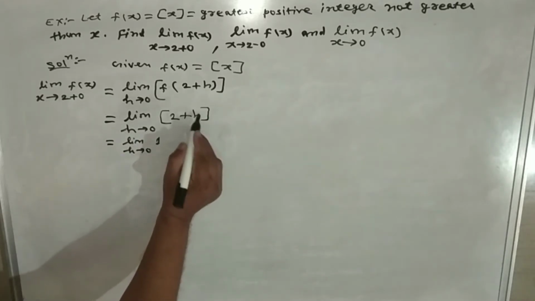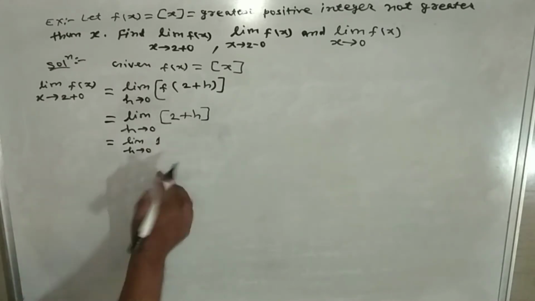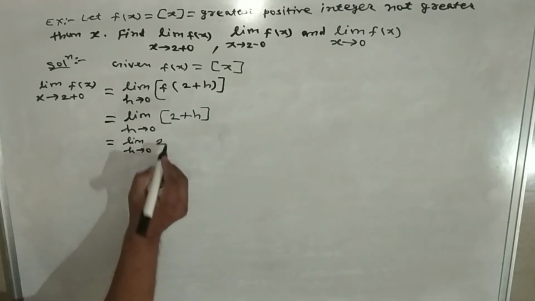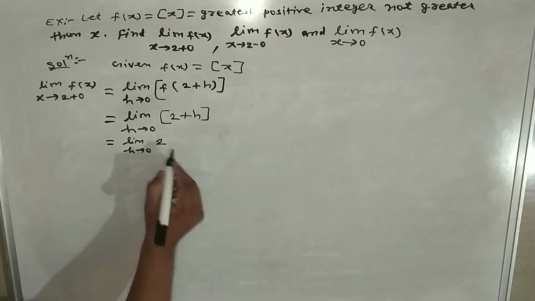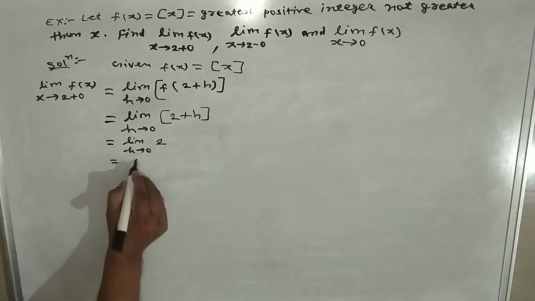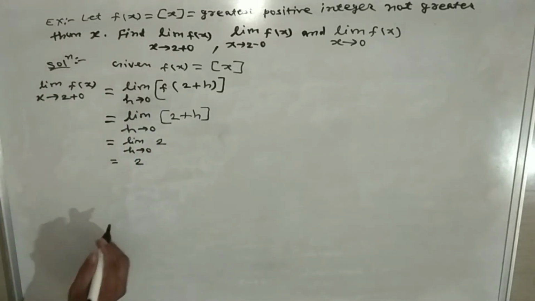So h tends to 0 here is 0. So what we get here is 2, not 1. So this is equal to 2. This is the right hand limit of the function f of x as x tends to 2.